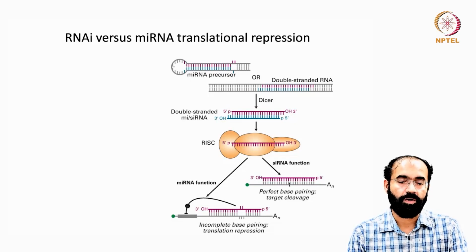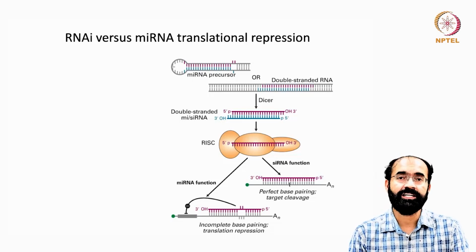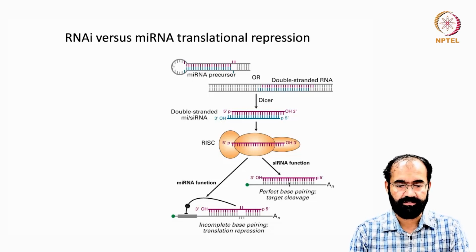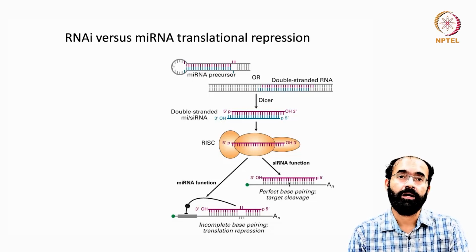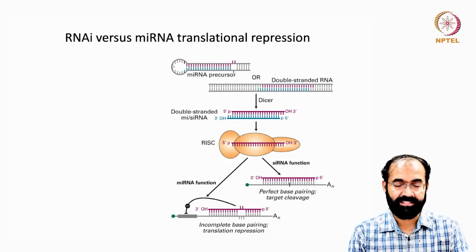So they need to form the RNA induced silencing complex. The RNA induced silencing complex is formed by a group of proteins, and one of the major proteins of that complex is Argonaute.